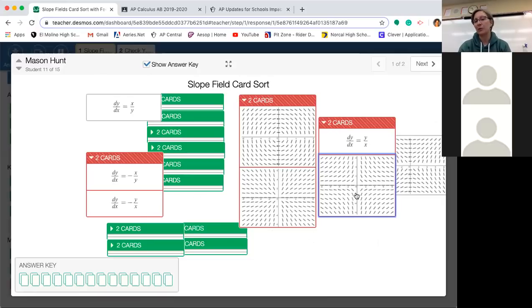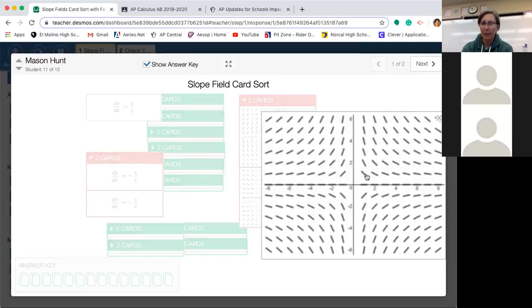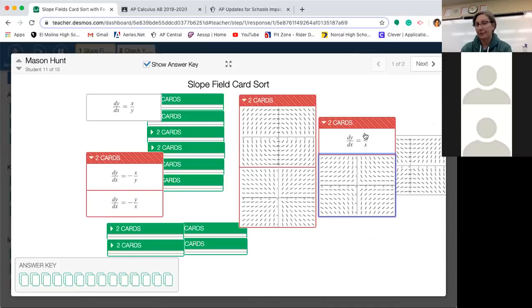So since that one is not right, do you know which one to try then because of that? I do. I just don't know why it's the other one. Okay, let me talk about that then. If we look at this slope right here, where x is 2 and y is 2, if I did 2 divided by 2, I should get positive 1, right?